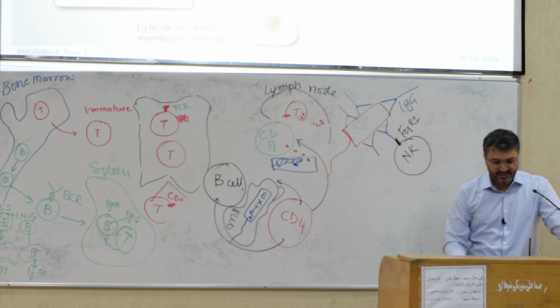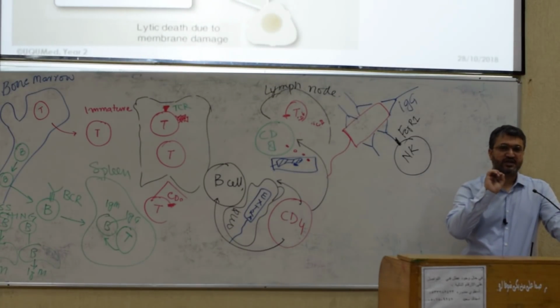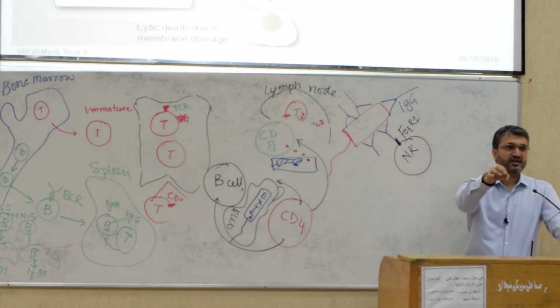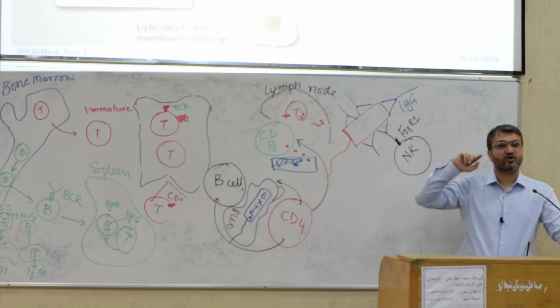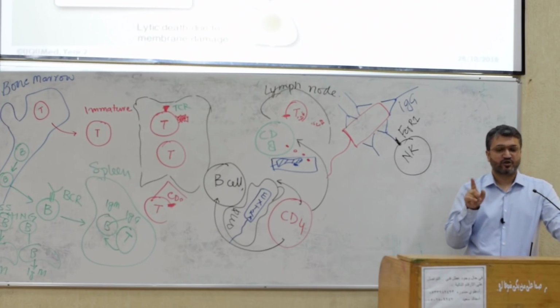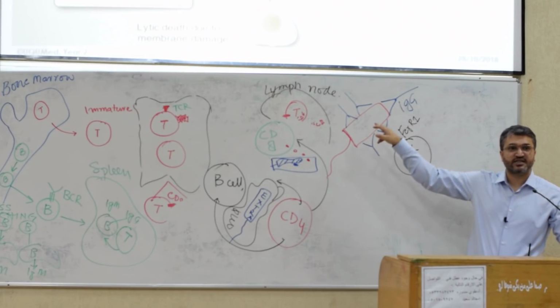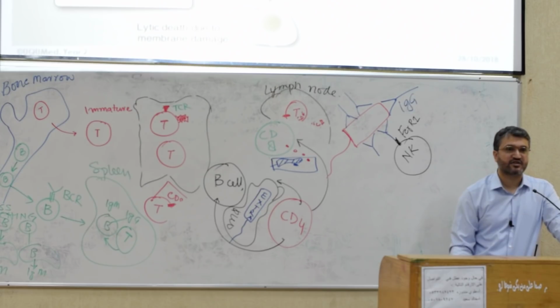What will happen next? The natural killer cell will release toxic enzymes into the bacteria or the cell that has got the bacteria, and as a result that cell will be destroyed. So this is also doing cytotoxicity but with the help of the antibodies. That's why it is called antibody dependent cell mediated cytotoxicity.